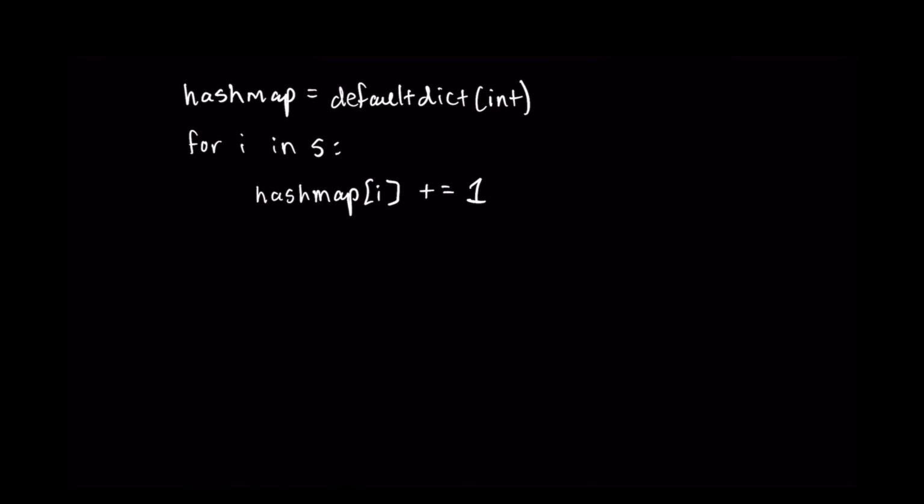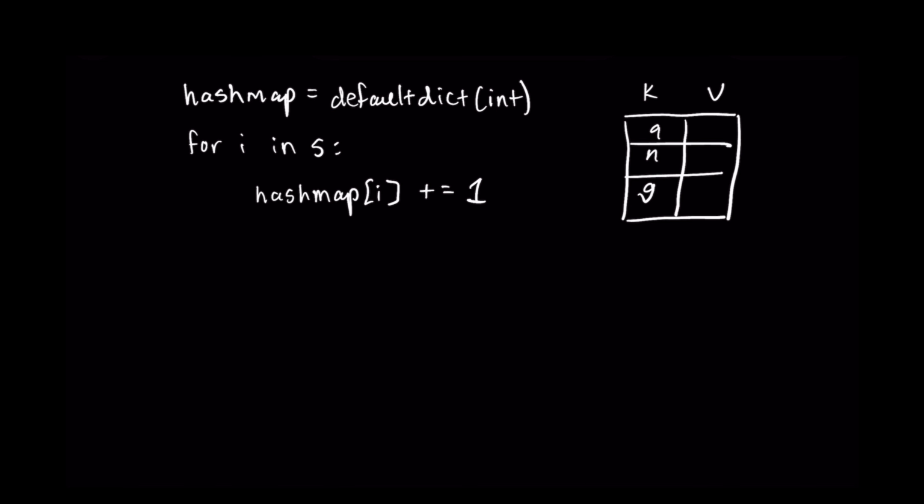So going back to example 1, we're going to have our key value hash map right here, and I'm going to draw the box out, and we're going to have a couple of squares, like an A, an N, a G, and so we had 3 A's. So this hash map is going to know, okay, for value 0 in S, that's A, and A is going to go up.